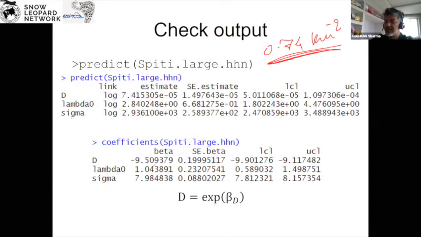You can try this by simply doing an exponential of this beta. You can do it for lambda 0 as well as for sigma. And what sigma here says, the ranging parameter, is nearly 3 kilometers. I know for this data, because it's simulation data, we had kept sigma to be 3.